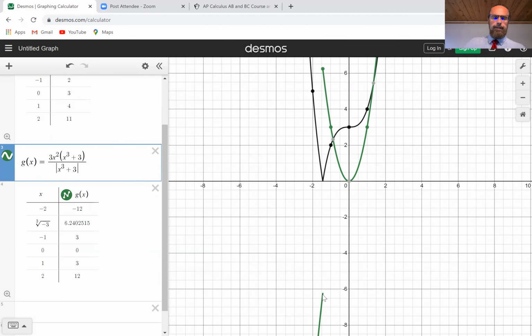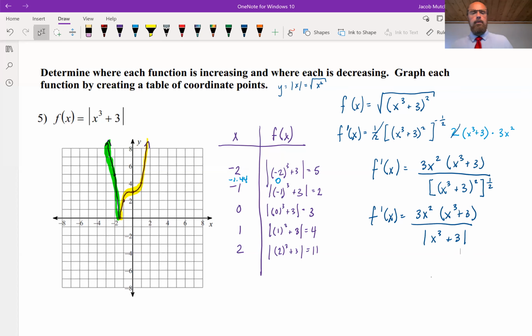So -1, 3, 0, 0, 1, 3, and 2, 12. So I've got the table for this derivative, and I'm going to head back to the notes just to finalize what we've got going on here. So again, what I want to record is this table that we just found on Desmos for the derivative.